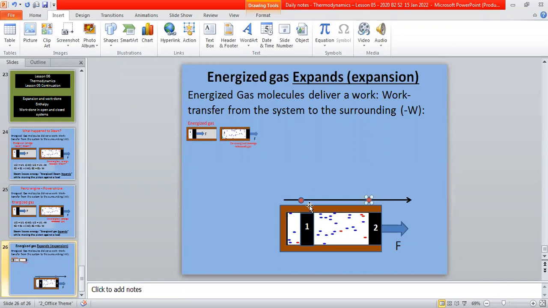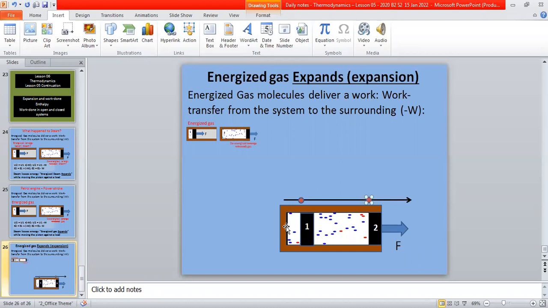In order for this energized gas to release the energy, it expands, because it looks for that. If there is no chance to expand, there can even be a possibility of rupturing.